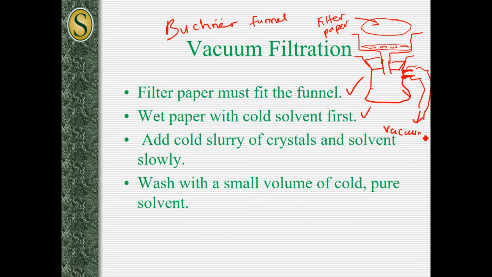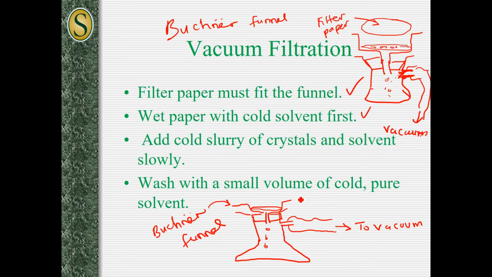The vacuum pump will be sucking air out of the flask, creating a vacuum inside, and that will cause the liquid to drip down during vacuum filtration. Alright, so the setup will be like this.